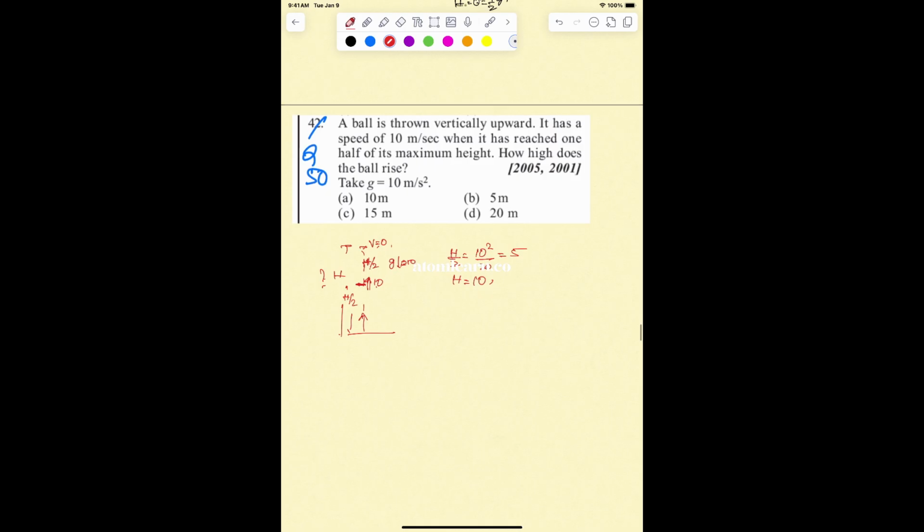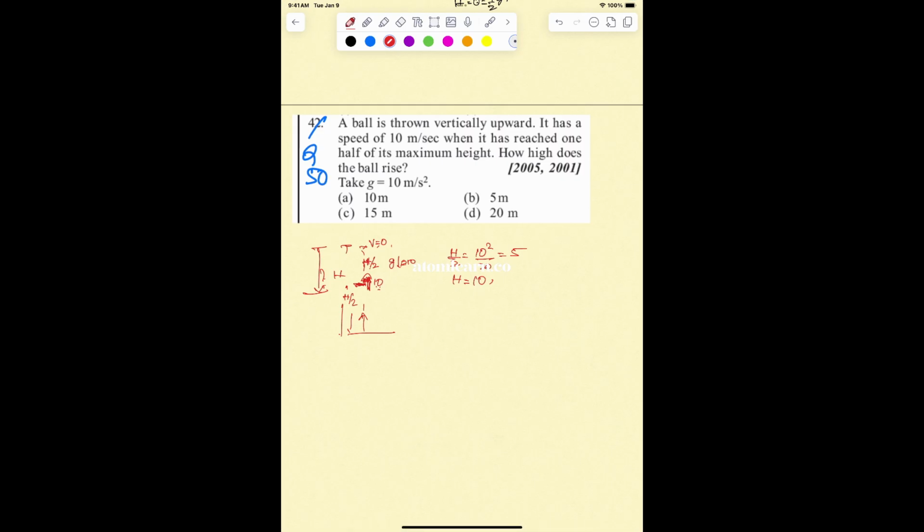Understand? Now let's repeat it like this. This 10 meter per second is the velocity when it is in the middle of its way up. You can also do it the reverse way. Look at it. Going from here to the top is the same as coming from the top to this particular point. This is equal to half g t square.